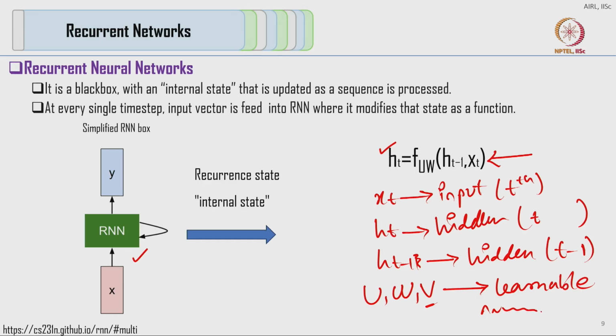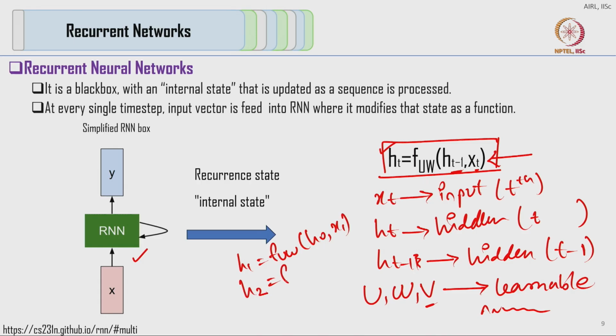These are learnable parameters. Now as we observe in this particular equation, there is a recurrence relation between h and x, which is it depends on t and t keeps increasing. So we can write h1 as f of h0 and x1, and then we can write h2 as f of h1 and x2, and so on.